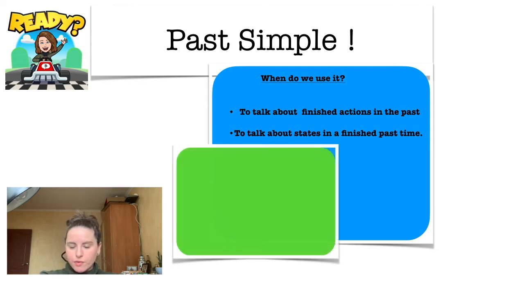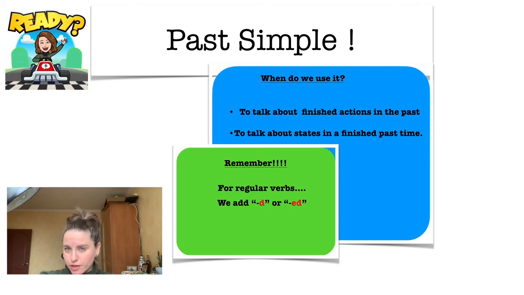Okay, now remember our spelling rules for regular verbs. Very simple, very easy. For regular verbs, we add D if the verb ends in E, or we add ED to the end. Remember, if the verb ends in Y and a vowel, a glasma, comes before it, we just add ED.